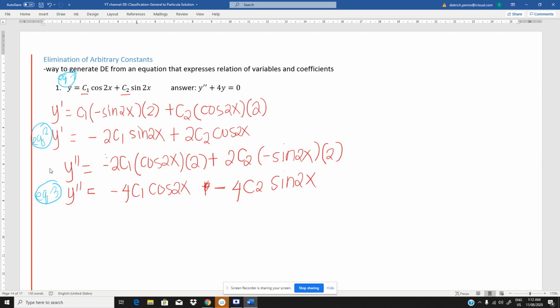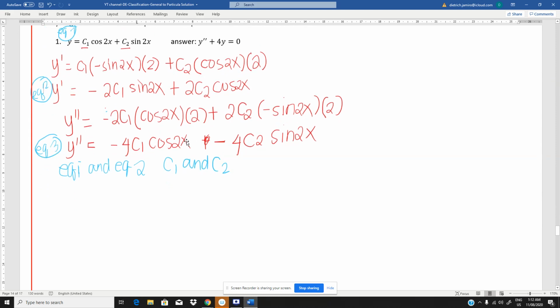As you can see, when we use equation 1 and equation 3, we could eliminate c1 and c2. So let's try it. We have y is equal to c1 cosine 2x plus c2 sine 2x.